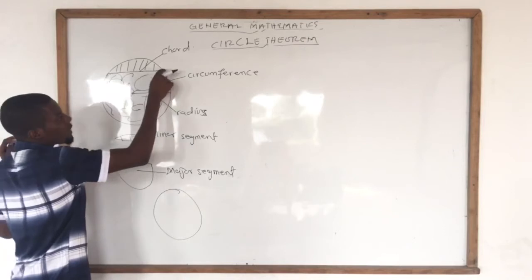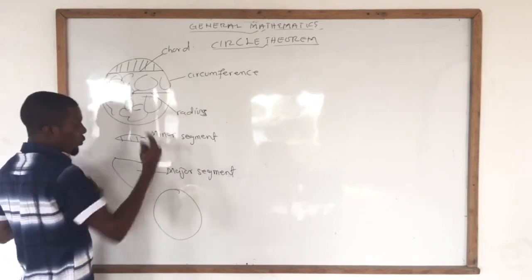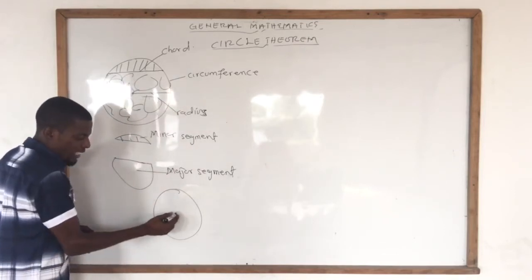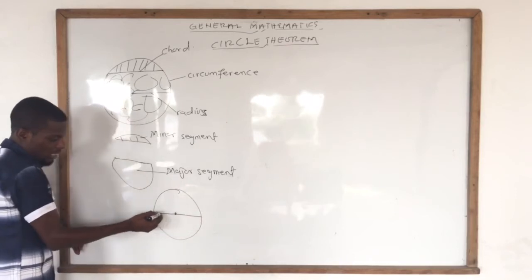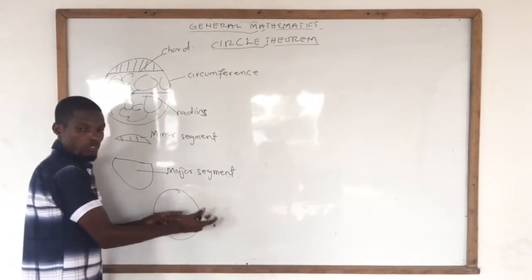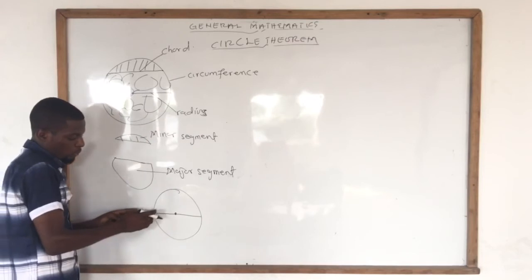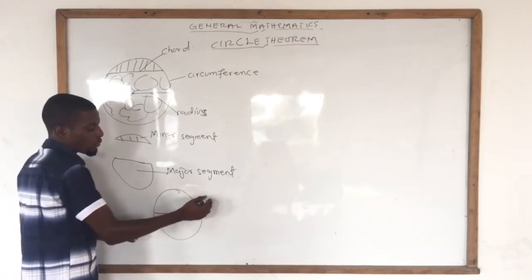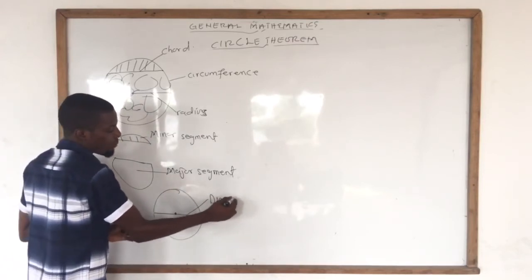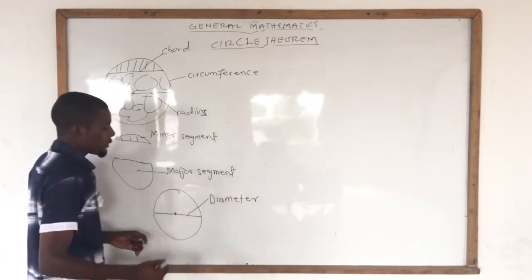Alright, and remember I told you that when you draw a line from one part of the circumference to the other and it doesn't pass through the center, it is a chord. Now what if the line passes through the center? It's still from one part of the circumference to the other, but it passes through the center. This time it becomes what we call the diameter, right?